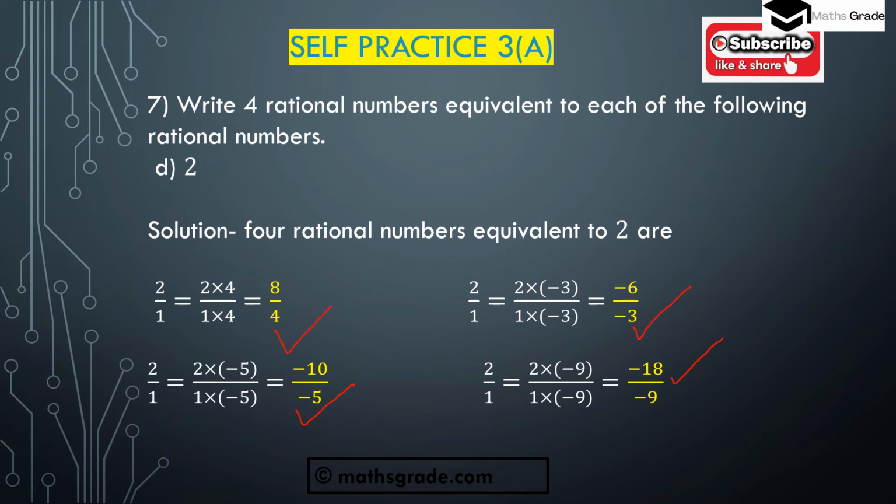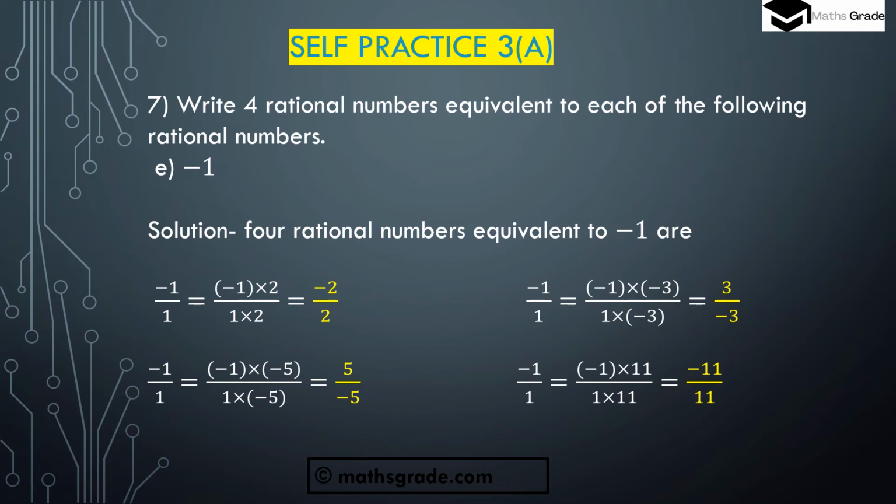We get minus 18 divided by minus 9, which is equivalent to the rational number 2 divided by 1. So four rational numbers equivalent to the rational number 2 are 8 divided by 4, minus 6 divided by minus 3, minus 10 divided by minus 5, and minus 18 divided by minus 9.